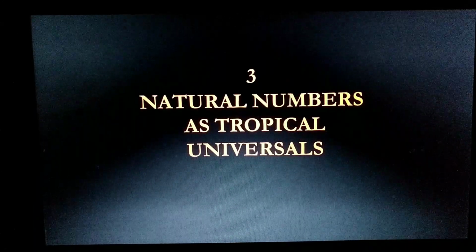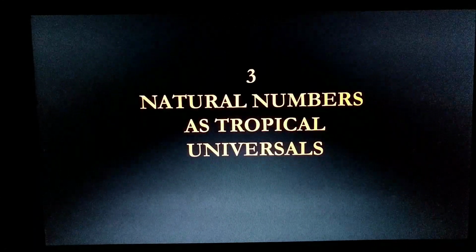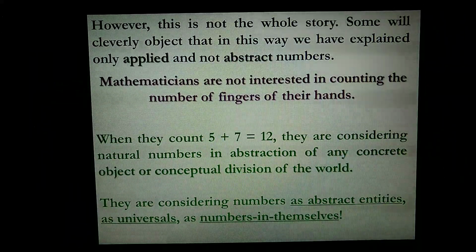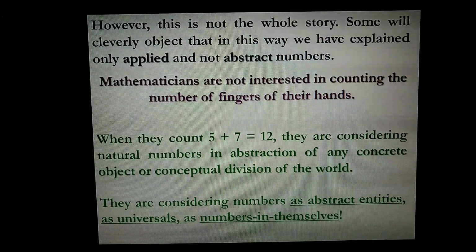Continuing, natural numbers as tropical universals. However, this is not the whole story. Some will cleverly object that in this way we have explained only applied and not abstract numbers. Mathematicians are not interested in counting the number of fingers of their hands.